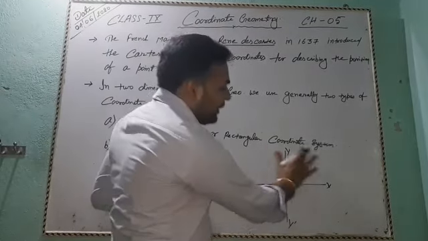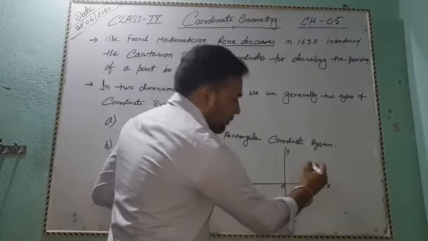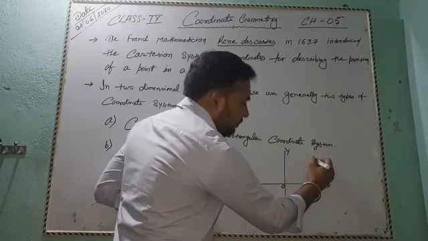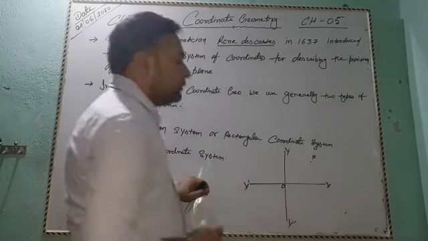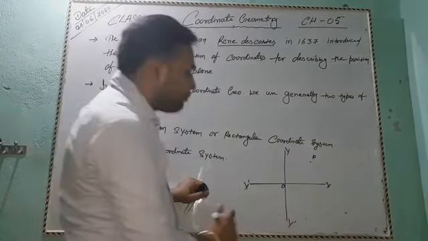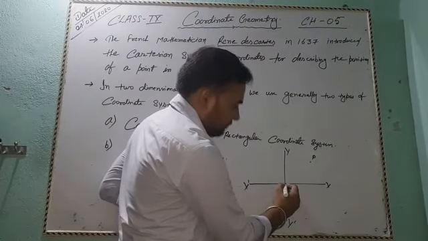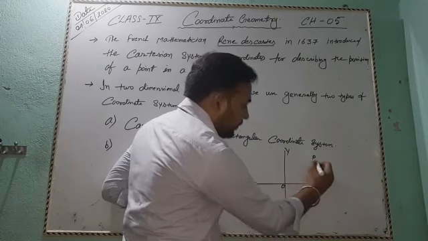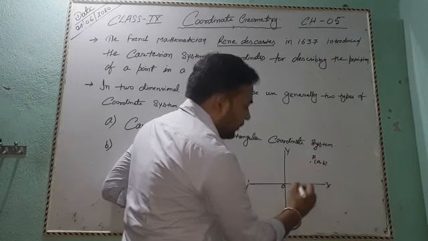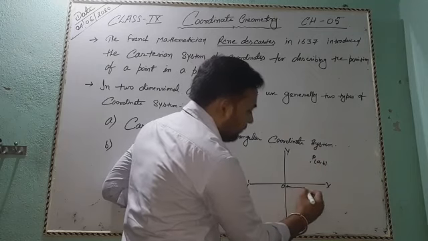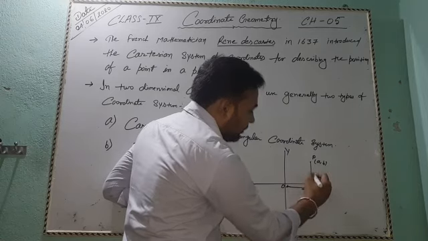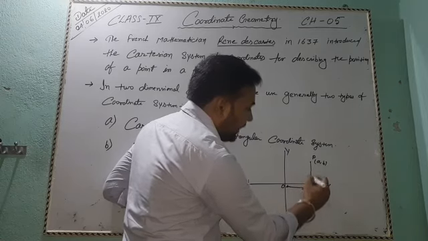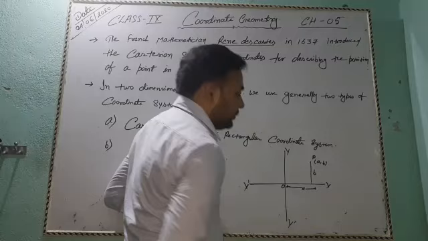At any point in this plane, suppose this point is P, the distance of the point from the y-axis is A, and the distance from the x-axis is B units.